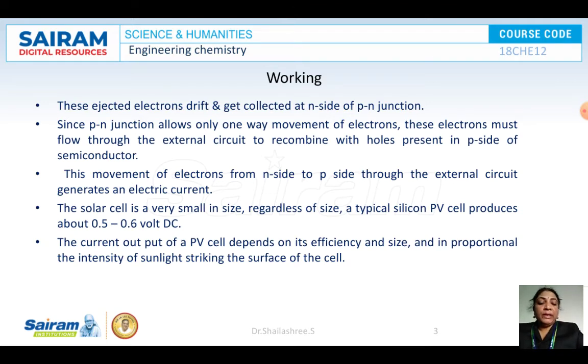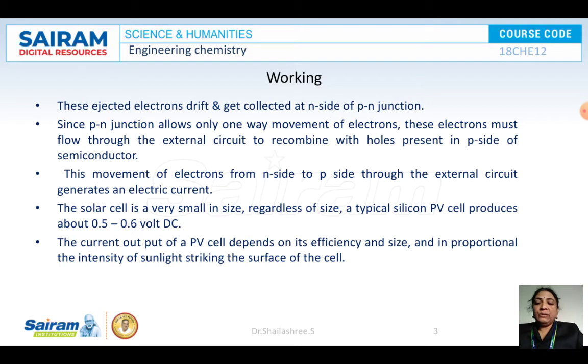The electrons are drifted and collected at the N side of the PN junction, because the PN junction allows the electrons to flow in one particular direction. These electrons flow through the external circuit and recombine with holes present on the P side of the semiconductor. In this way, as they move through the external circuit, the energy is stored in the battery and can be utilized for domestic or industrial purposes.